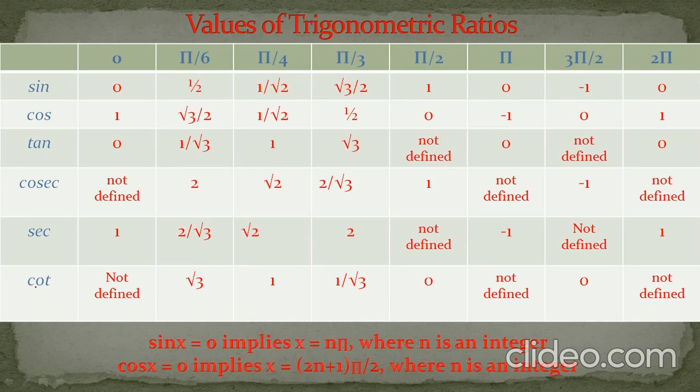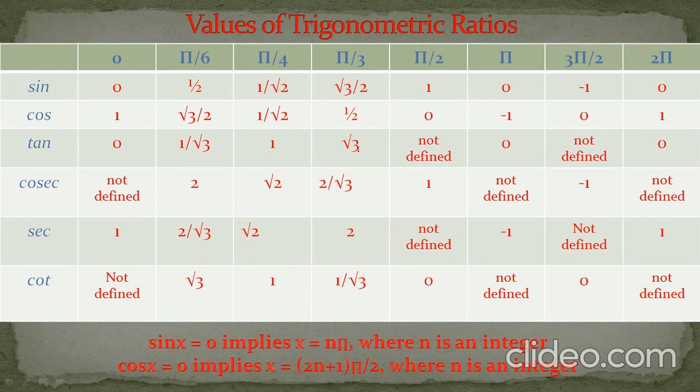And for cot we will take the reciprocal of tan. Tan की जितनी भी values हैं हम उनका inverse कर देंगे, so we will get the values for cot. So cot 0 will be inverse of 0, so it will not be defined. Then cot pi by 6 will be inverse of 1 by root 3. We will get root 3. Then cot pi by 4 will be inverse of 1, that is 1.